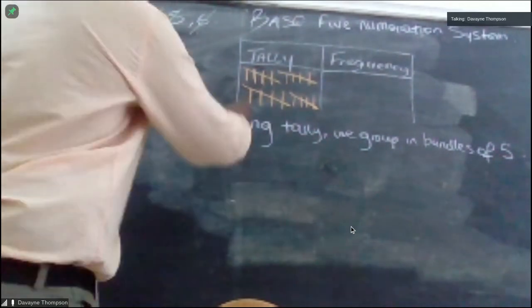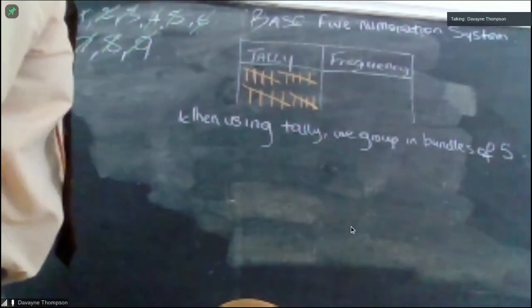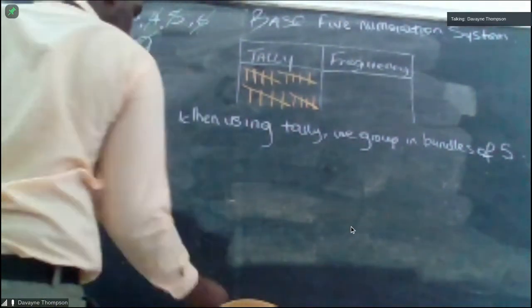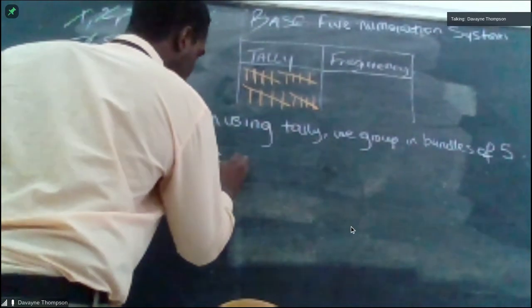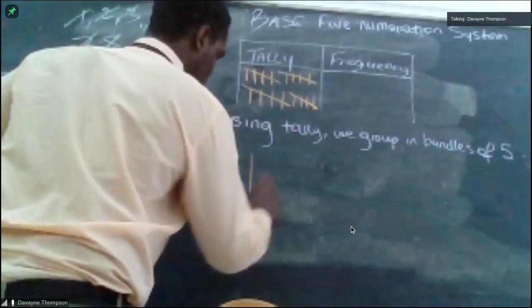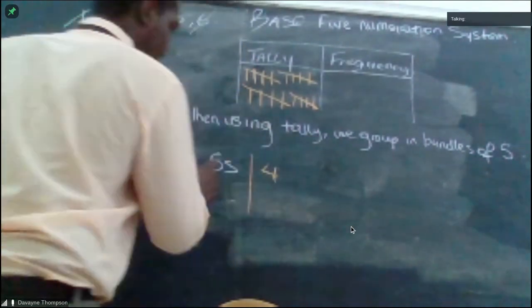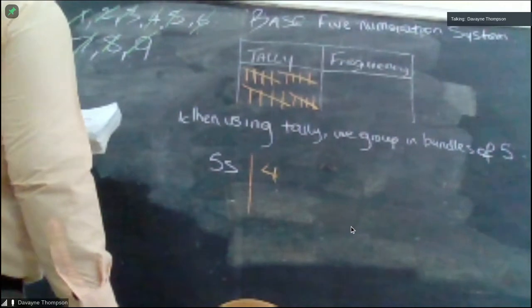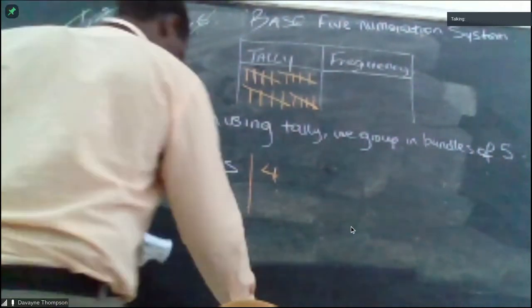How many groups of 5 do you see in this table right here? 4. So we could say therefore 5s, we have 4. We have 4 groups of 5. Alright? Good?